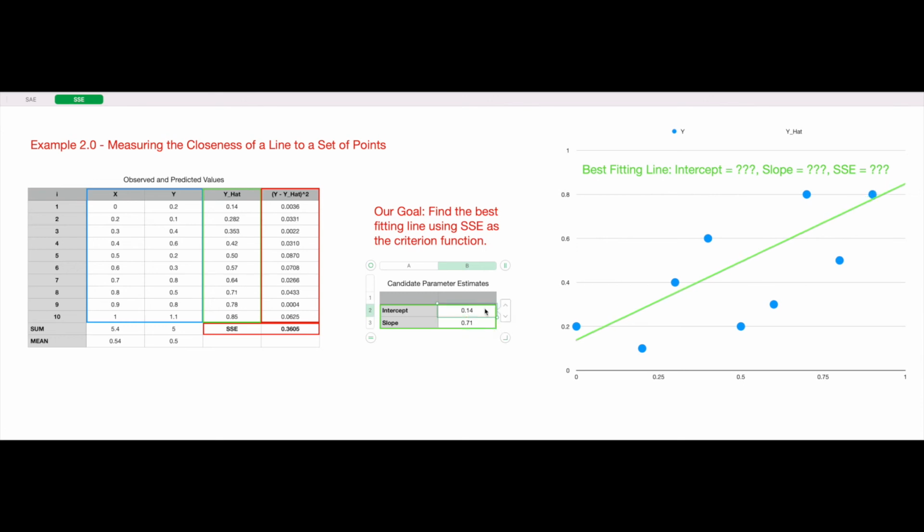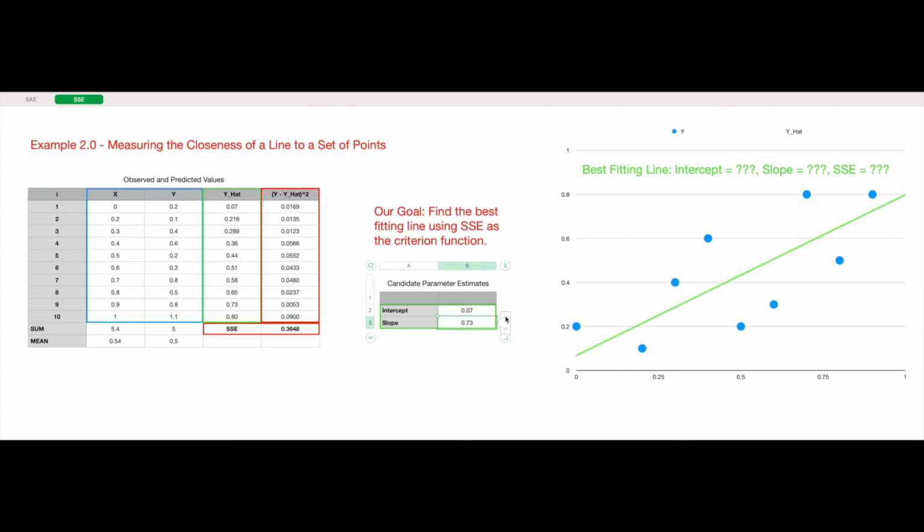And so let me go back up here to the intercept. I can see that I need to decrease that a little bit. So that looks like it might be about right. And now let's keep our eye on SSE. I'm going to increase the slope a little bit, and that did decrease the SSE.